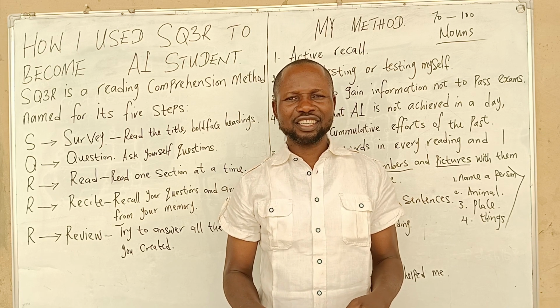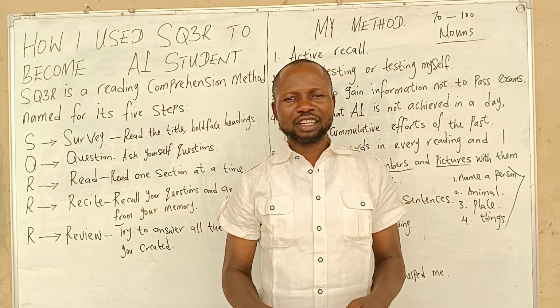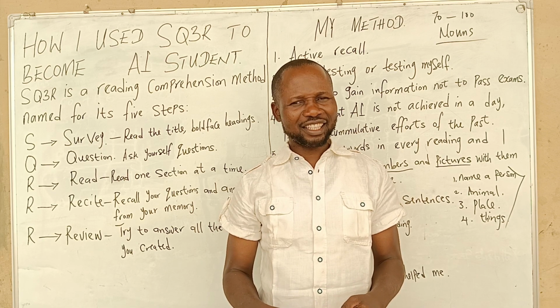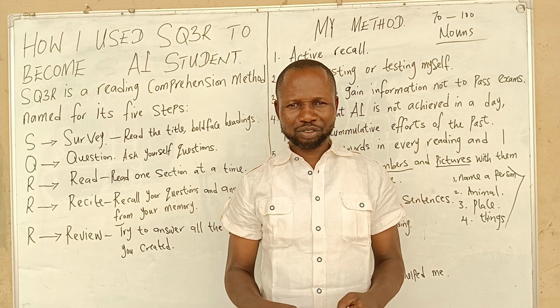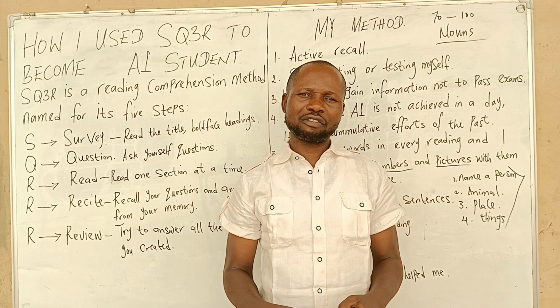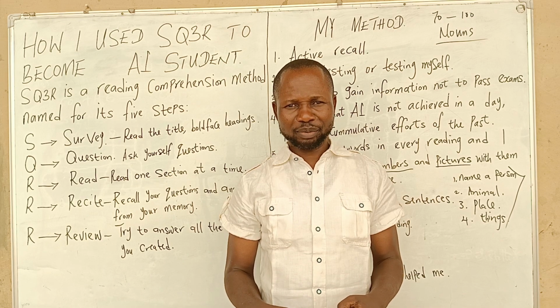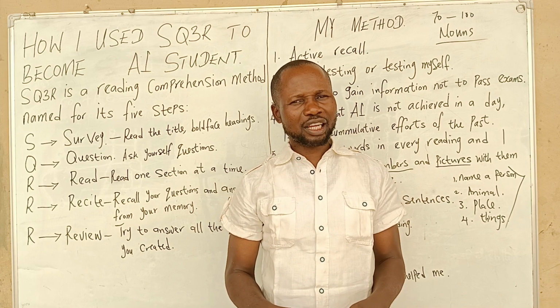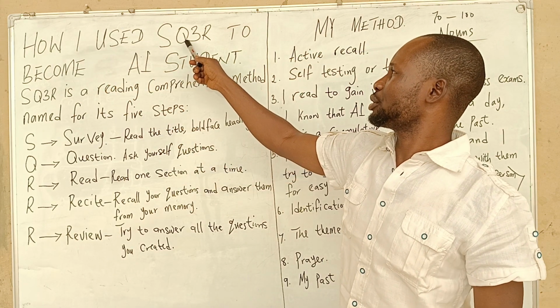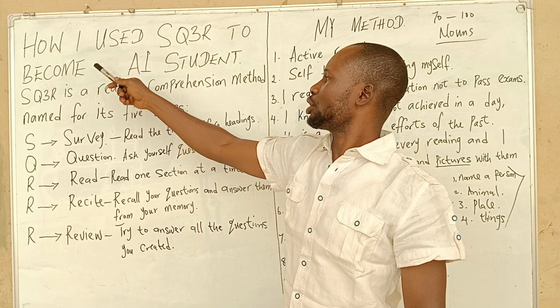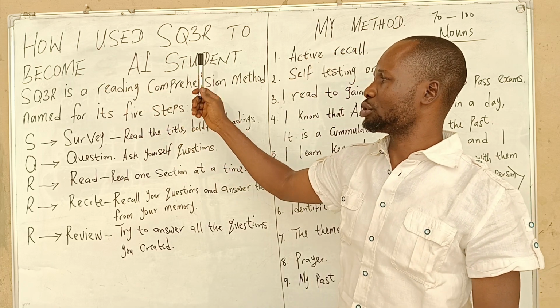I will help you because I've been in this field for a long time, and virtually all the secrets that a student needs to pass those examinations in order to gain admission, I have vast knowledge of them. But today I have a special topic: how I used SQ3R to become an A1 student.